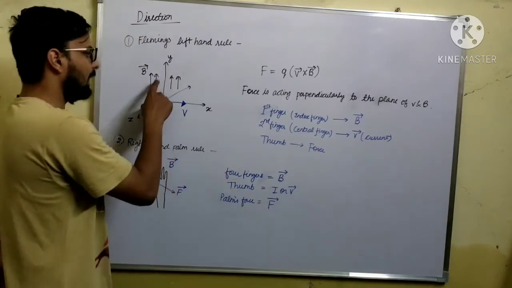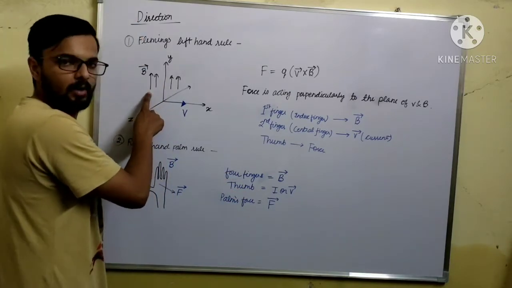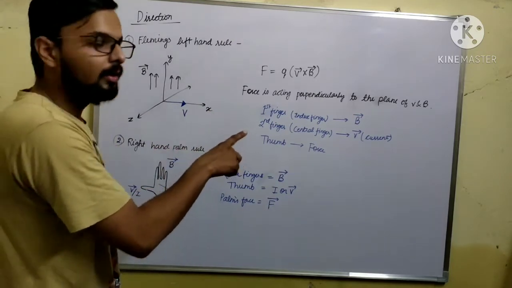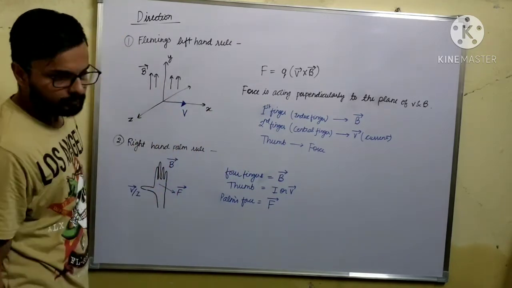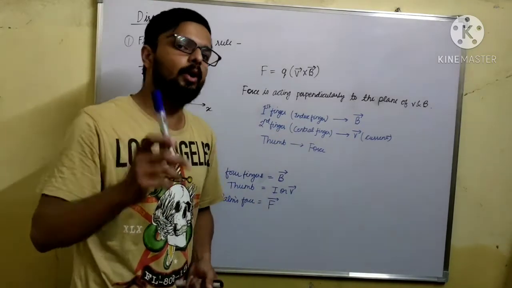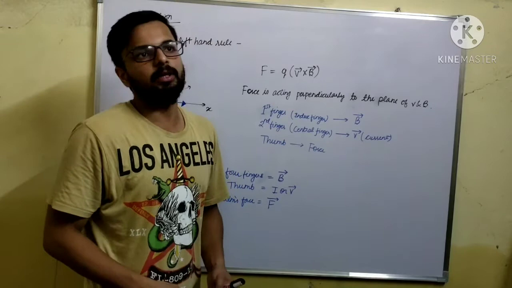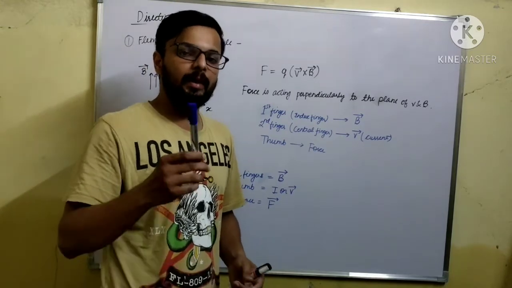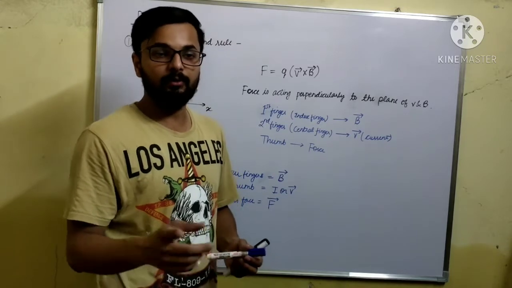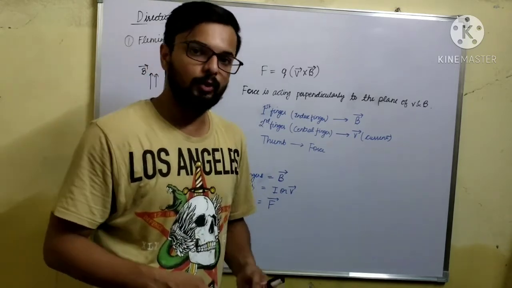Here I have taken the magnetic field along the y axis, and some charge is moving along the x axis, which is perpendicular to the magnetic field, because we have seen that if the charge is moving in the perpendicular direction to the magnetic field, the force will be maximum, which was given by F is equal to QVB.